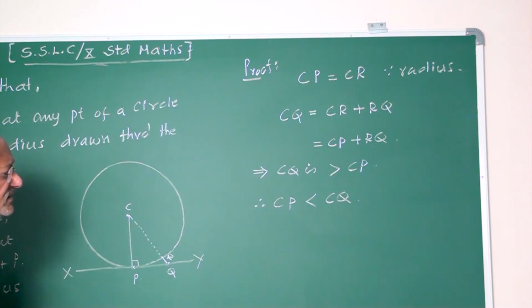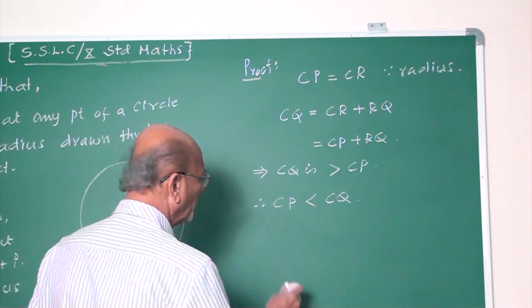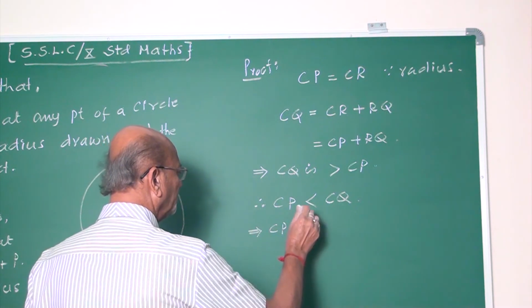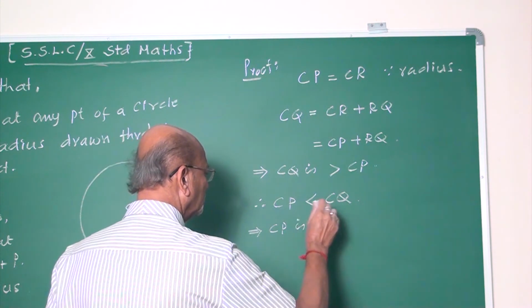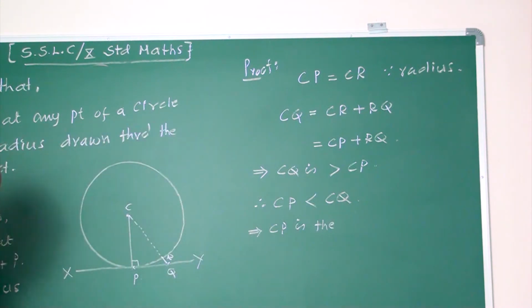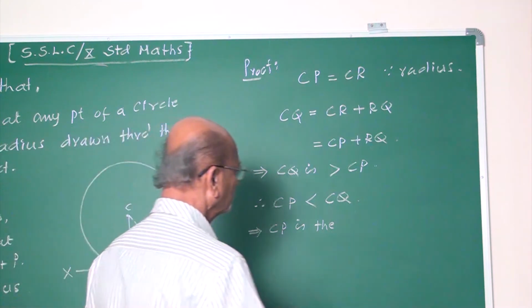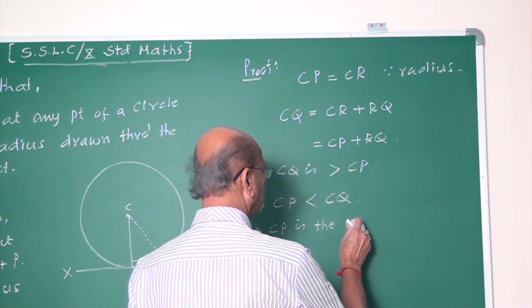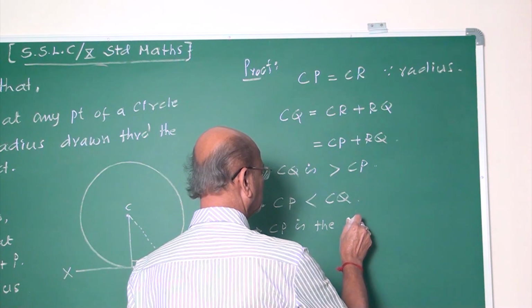CQ is greater than CP, or CP is less than CQ. This implies CP is the shortest length.